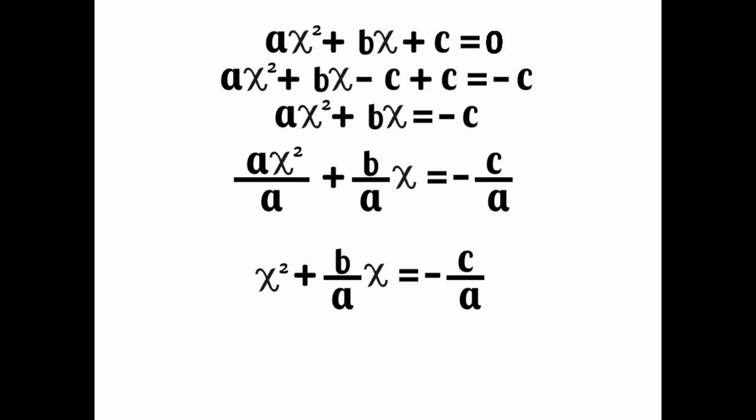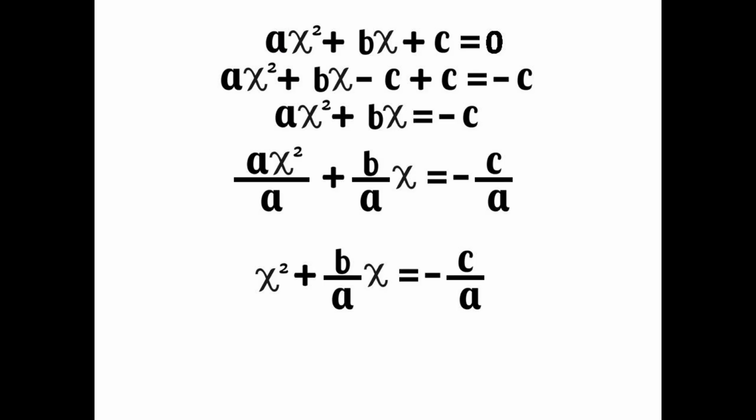Now here comes the most important part of the derivation. We have to add the square of half the coefficient of x to both sides. As you can see, the coefficient of x here is b over a, and we're going to add the square of half of b over a to both sides.